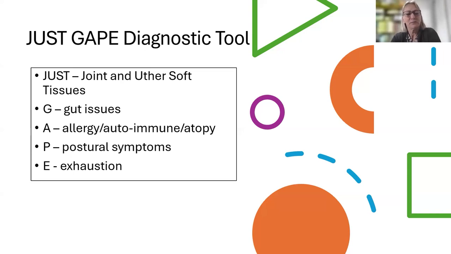P is postural symptoms. Do you have orthostatic issues? Do you get dizziness? Do you get your heart pounding when you're standing up? And E is exhaustion, which I think is a very good word for covering that absolutely profound fatigue that occurs with EDS often as well.